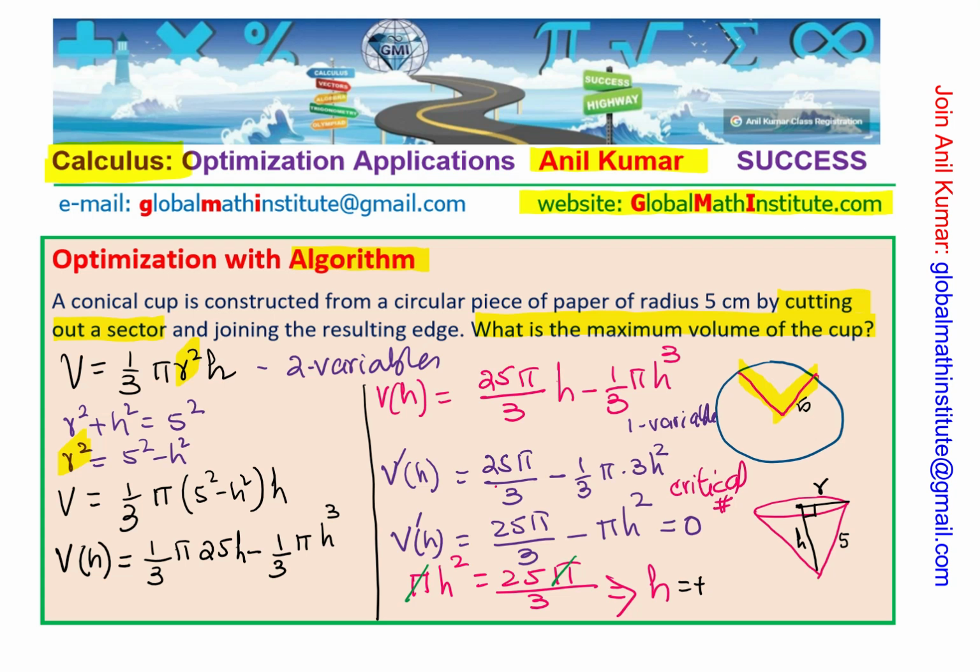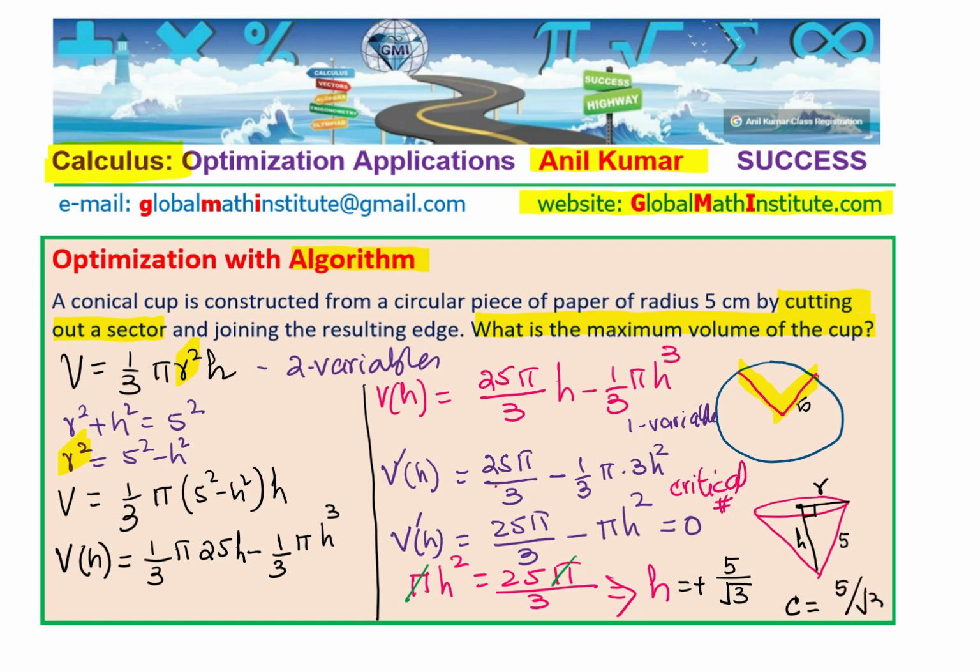And we have 5 over square root 3. So we did the square root of 25 is 5 and square root of 3. So we get 5 by square root 3 as a critical number. So for us, that is the critical number. So now, as I said, once we find the critical number, our point c is basically equal to 5 by square root 3. Make sense?